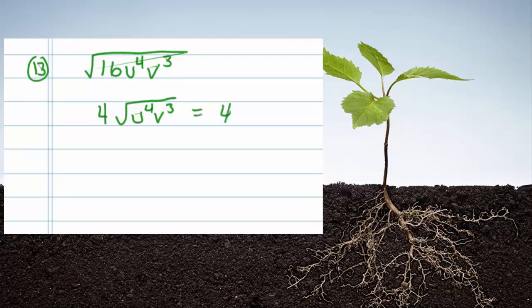Now we need to remember that 4 root u to the 4 is the same thing as saying 4 times u to the 4th raised to the 1/2 times v to the 3rd raised to the 1/2. So we can apply our power to power rules here. 4 times 1/2 would be 4/2, which is the same thing as 2. So that's going to simplify down to 4 times u squared.